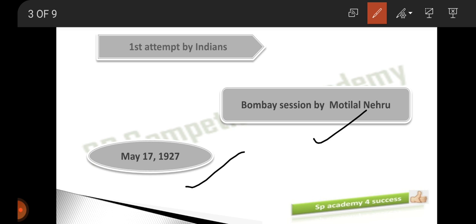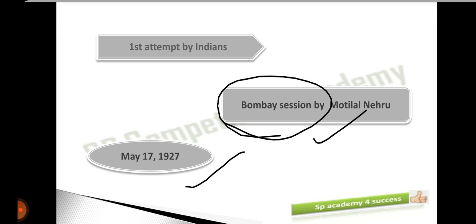In which session did Motilal Nehru ji announce this? In the Mumbai session, he expressed that we should have a separate constitution.